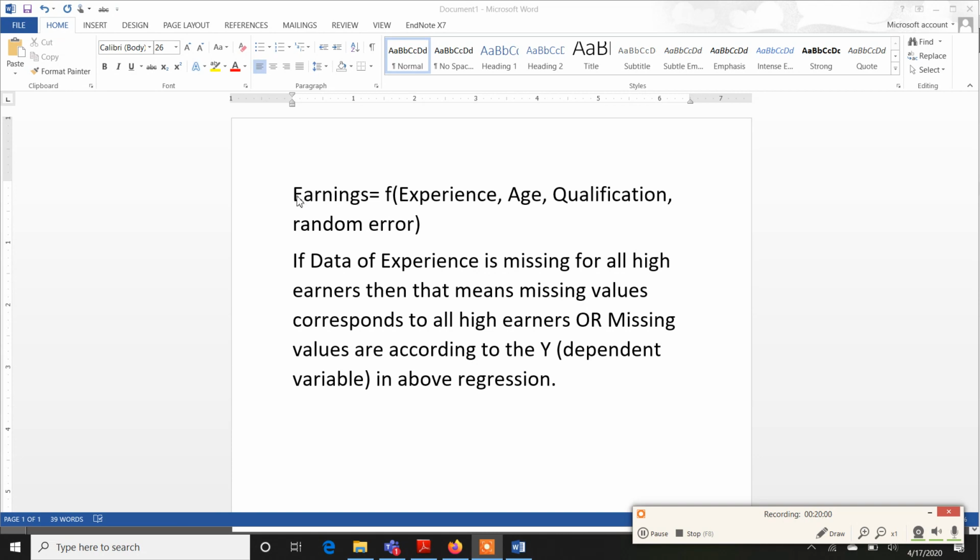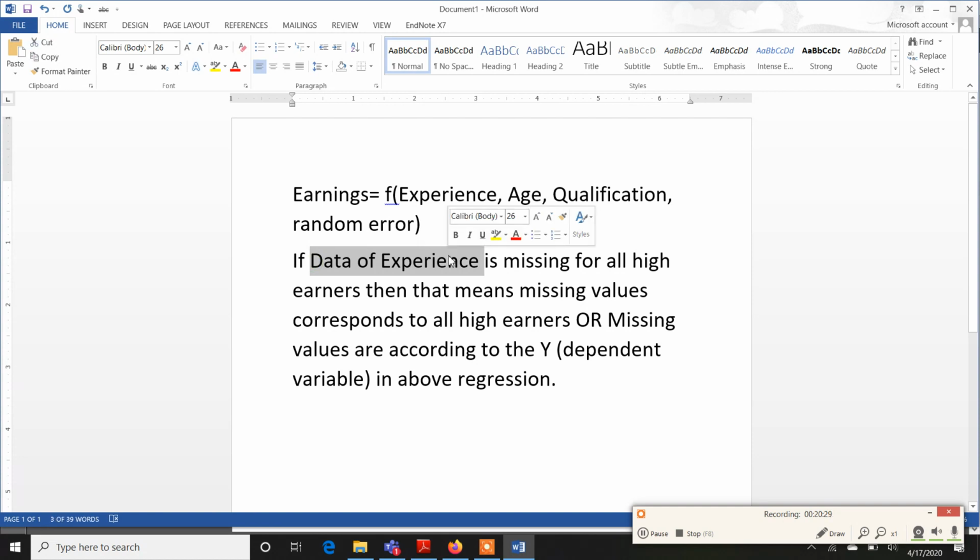Suppose I want to regress earning on experience, age, and qualification. That is, how much you earn depends upon how experienced you are, what your age is, and what your educational qualification is. And you know that a random error is always there in stochastic or statistical models.